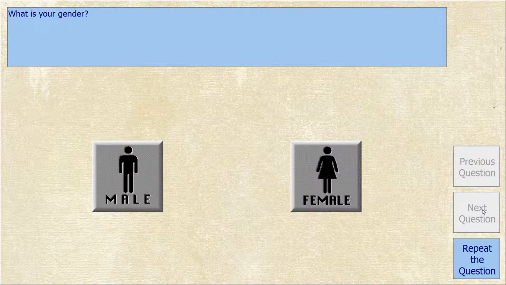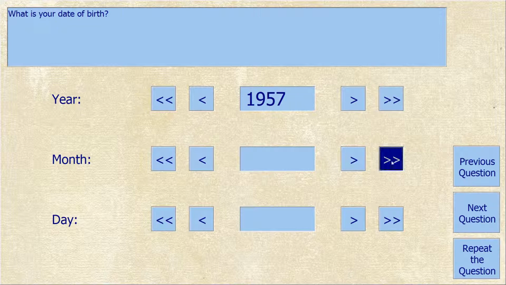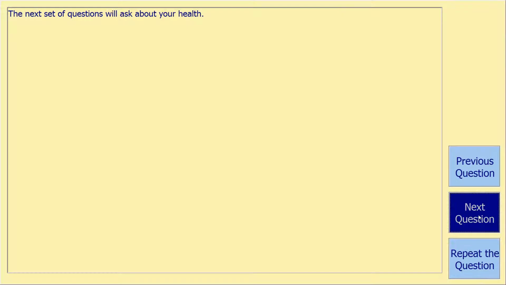The respondent is prevented from going back now and changing those earlier items. Once we move forward again, the previous question button is now enabled. And we'll continue through the next section of this survey.